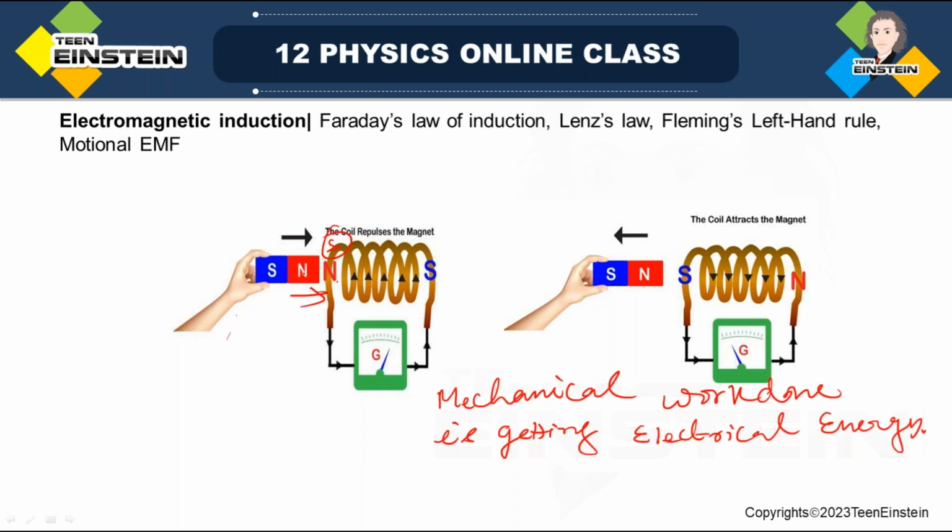So without any effort, kinetic energy gain is happening for the bar magnet. What I am saying is that if the south pole were produced here, then additional kinetic energy from nowhere would have been gained by this bar magnet.